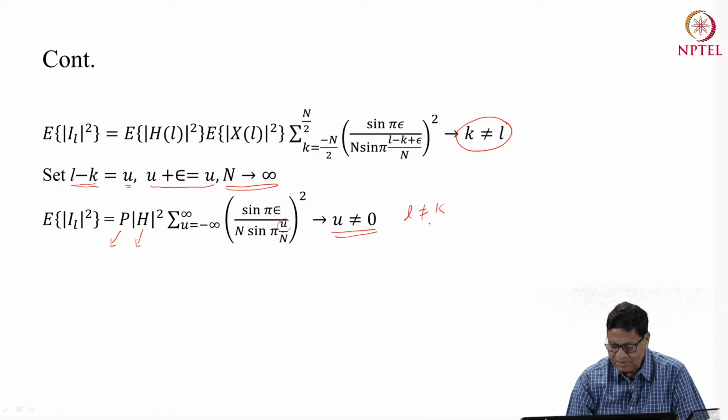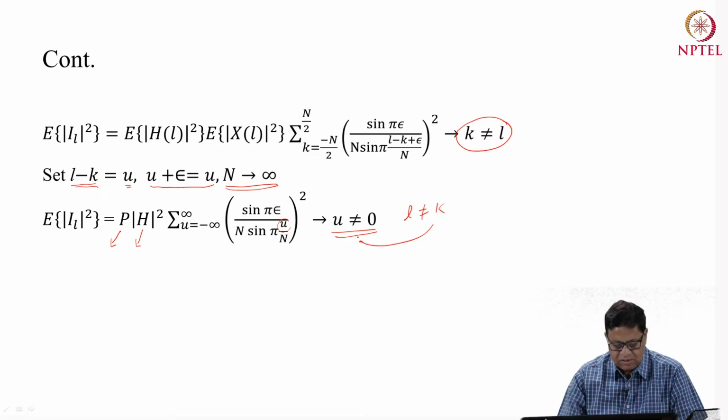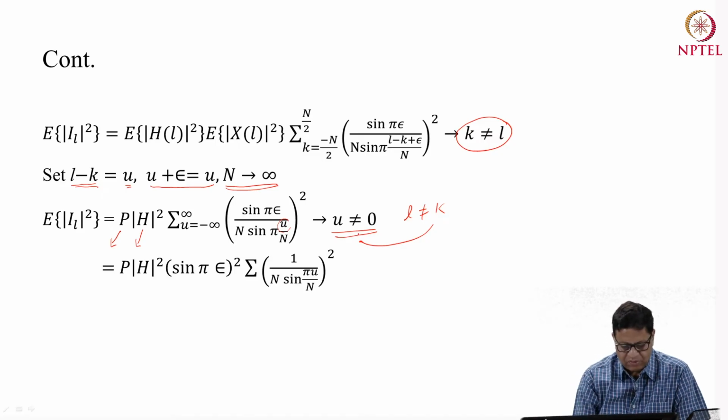So with this equation, what we get is P into |H|² sin²(πε) outside, times the summation over u from minus infinity to infinity of (1/(N sin(πu/N)))².